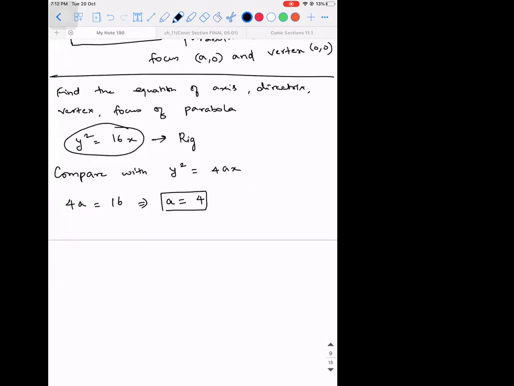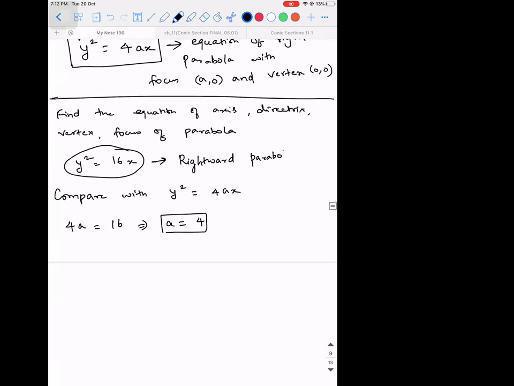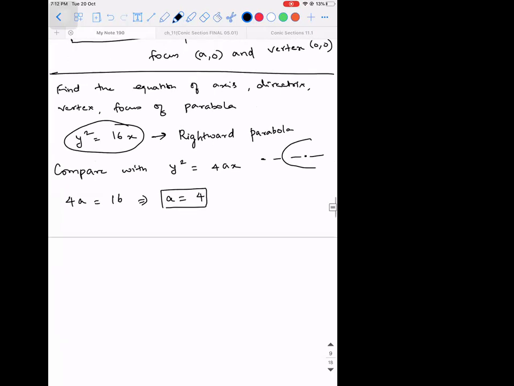It's a rightward parabola. This should run in your mind. For a rightward parabola, the focus is on the concave side. So what would be the focus? (a, 0), so it is (4, 0).